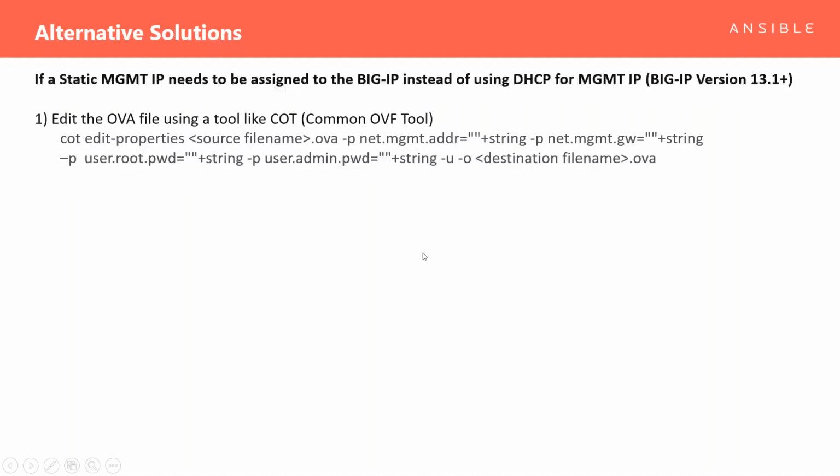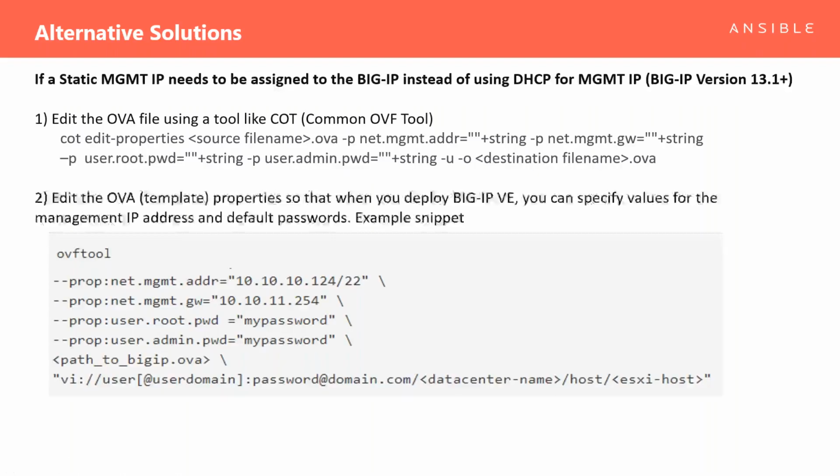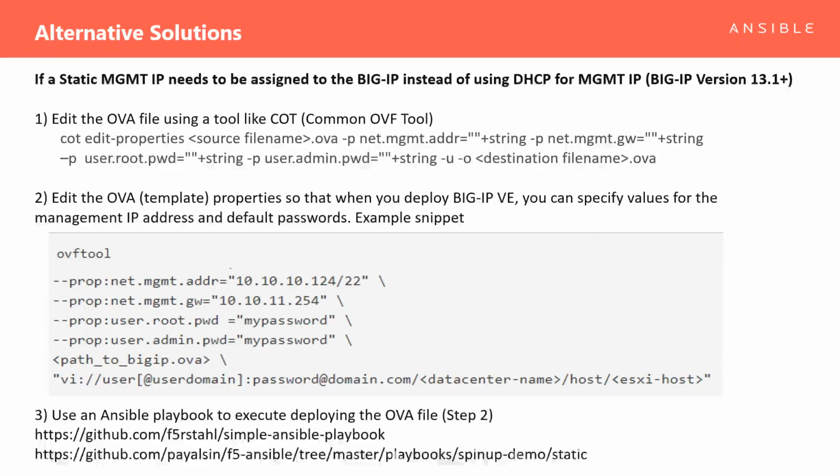So you've added these properties to the OVA file. And when you spin up this OVA file, you can provide the values for the management IP, the gateway, and the passwords that you want to set when that BIG-IP is spun up. To spin up this OVA file, you can use Ansible playbooks to execute the deploying of the OVA file, which is your step 2.